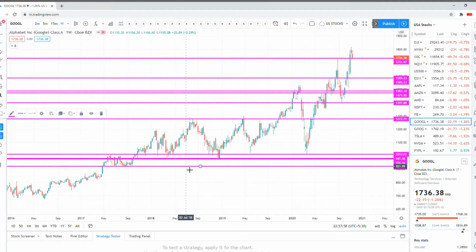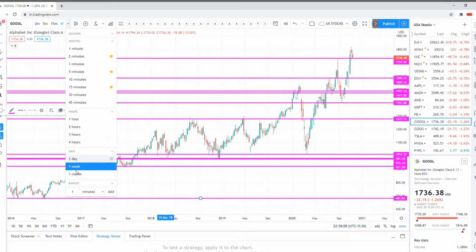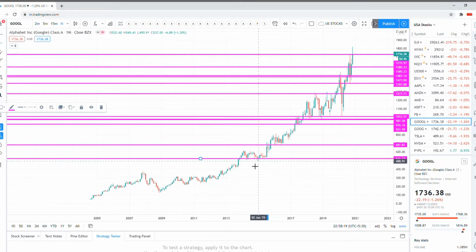I'm not saying that Google will go there, but just to mark it on the chart, I'm just going ahead with that. So let's go to the monthly chart, because I like to mark all the levels on my chart and then decide what's going to happen. So that's it. I think we are done with the support and resistance.